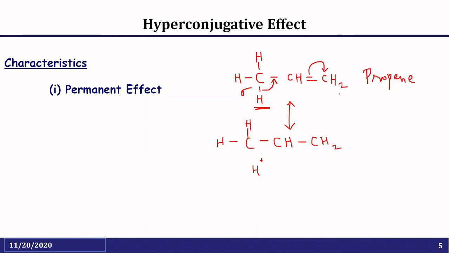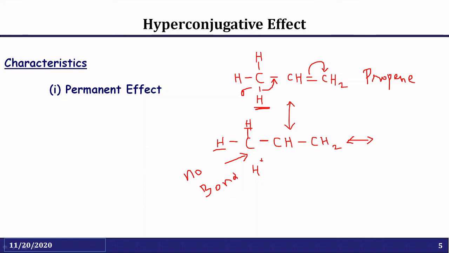If there are more resonating structures, then the compound is said to be more stable. This is also a permanent effect, but it arises due to sigma electrons. The sigma bond is involved in resonance, and due to this resonance there is no bond between carbon and hydrogen. Hence it is also called no bond resonance.